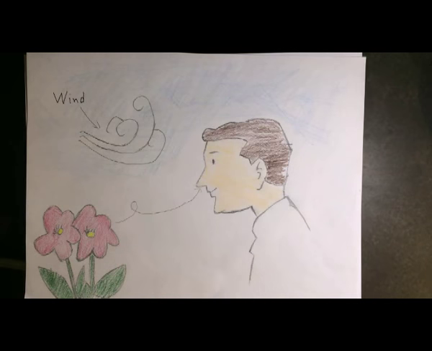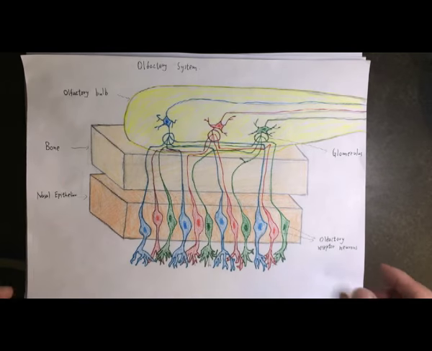Then how can we smell the scents spreading into our noses? Human beings have an olfactory system which allows us to be able to smell all kinds of smells, including the scents of flowers. The sense of smell is mediated by specialized sensory cells of the nasal cavity within our noses.